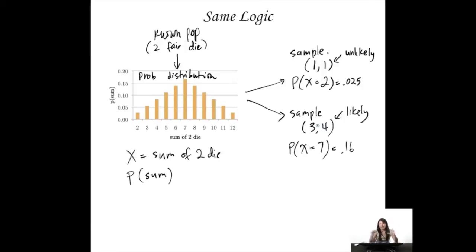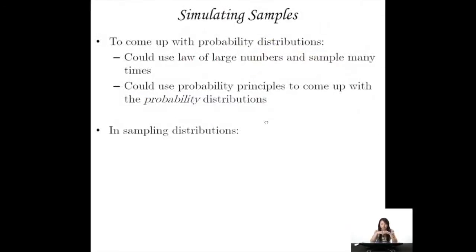All right. Now, we're going to do something similar, but some of these steps will differ, namely this one and this one. So how do we get a sampling distribution? We know how to get probability distributions. Probability distributions are really straightforward because we use those fundamental rules of probability. Sampling distributions are different. We can't use those probability rules necessarily.